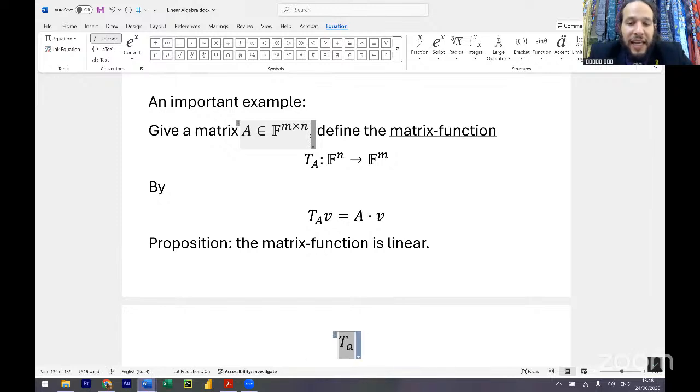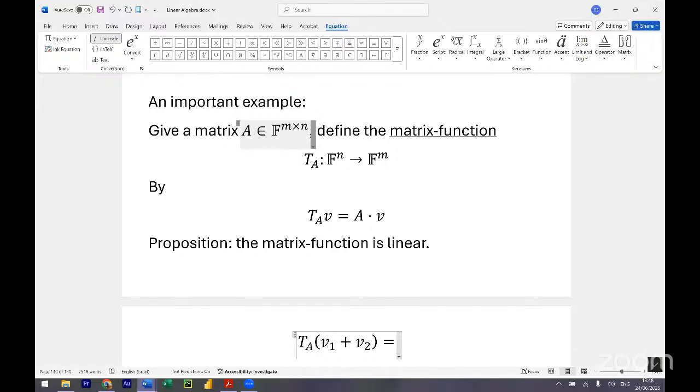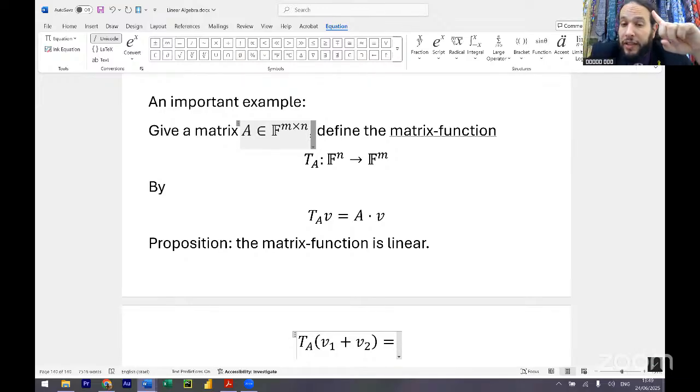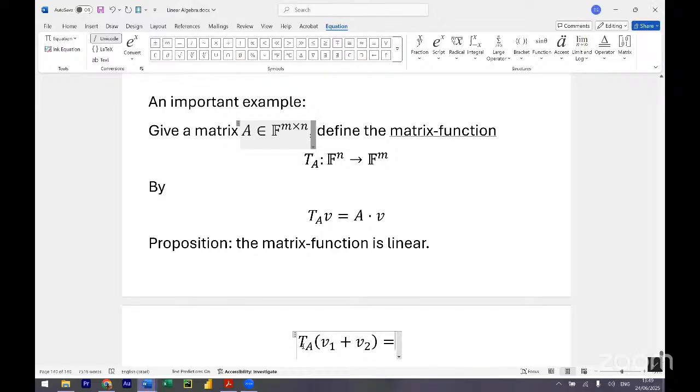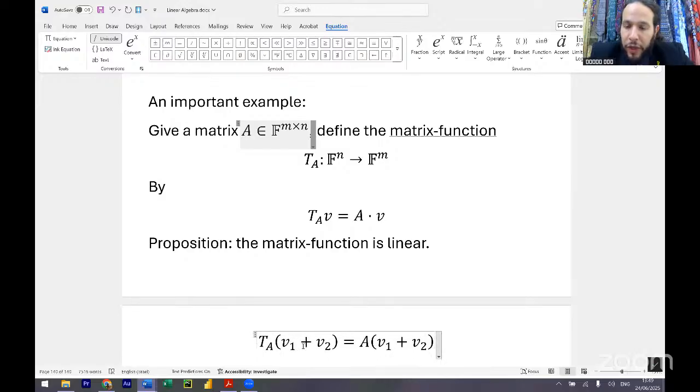What is T_A of v1 plus v2? What does the function do? It's T v1 plus T v2, which is what we need to prove, but what does it actually do? It multiplies A times v1, and then it sums it, v1 plus v2. Do you agree?